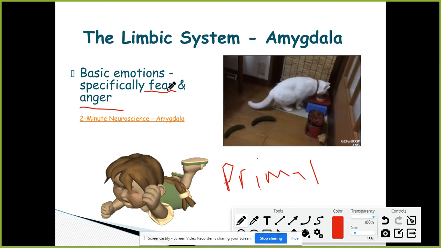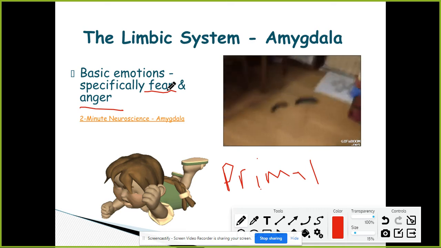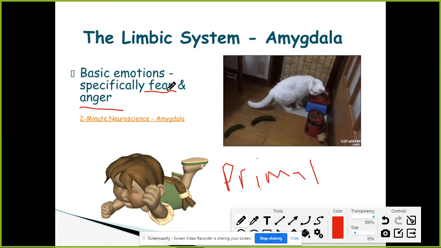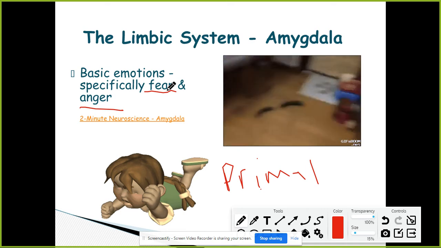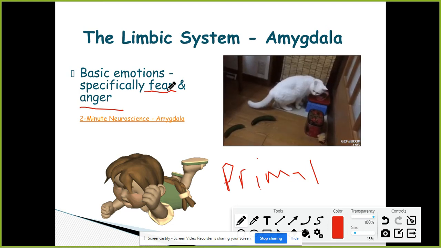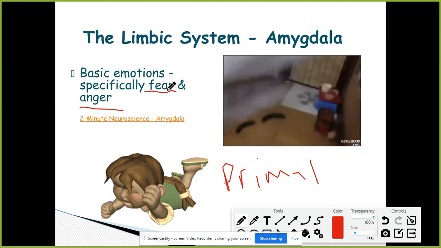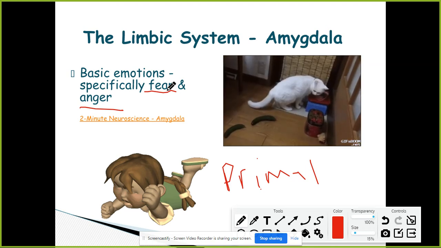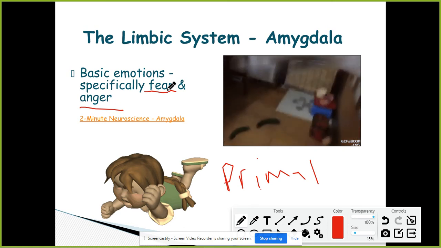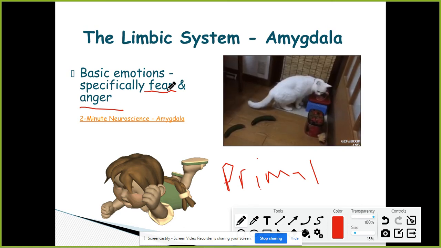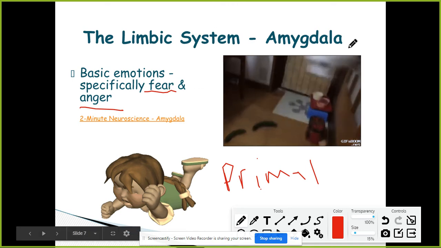Now, when we talk about emotions, to have actual emotion, we have to have consciousness. We have to be aware of ourself. So the amygdala deals with more of what we would call a gut instinct with something, like when you just feel afraid really, really quickly, like this cat right here.